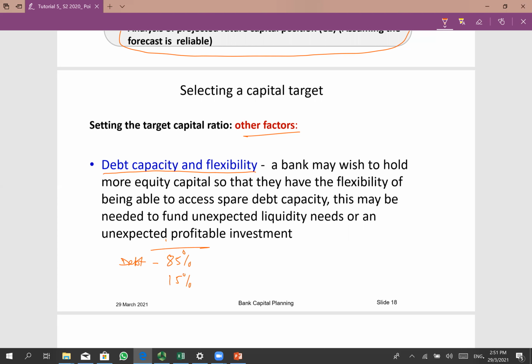This is the loans. And there is another scenario where I have 90% debt and 2% capital. So this is also 100%. This is 100%. Here I have more debt capacity.